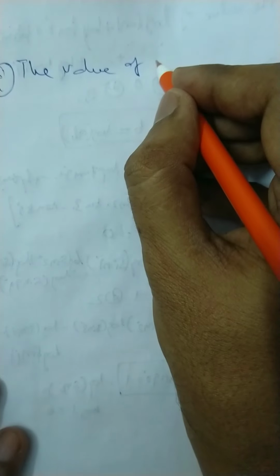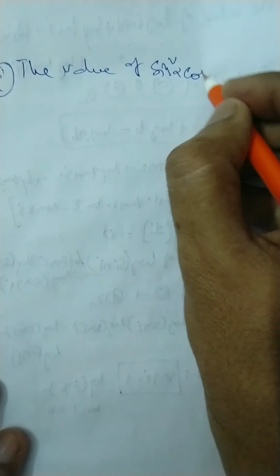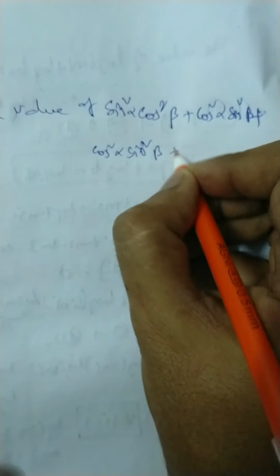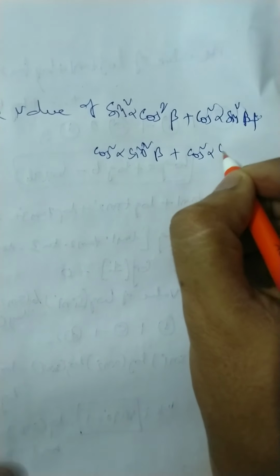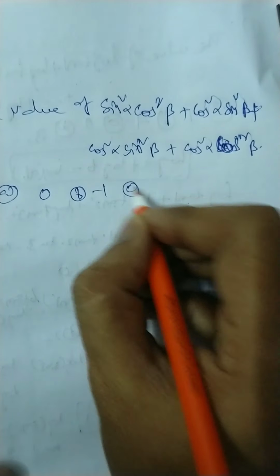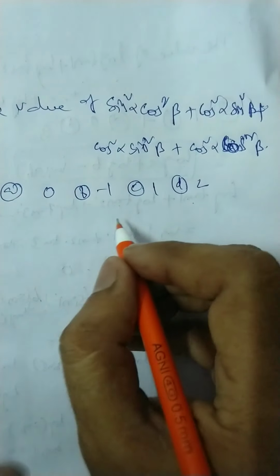The value of sin square alpha cos square beta + cos square alpha sin square beta + cos square alpha sin square beta + cos square alpha cos square beta. The options are 0, -1, 1, 2.